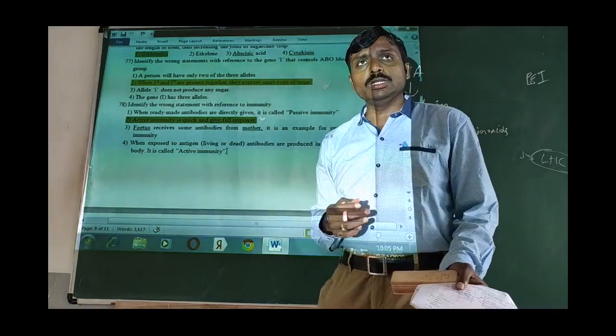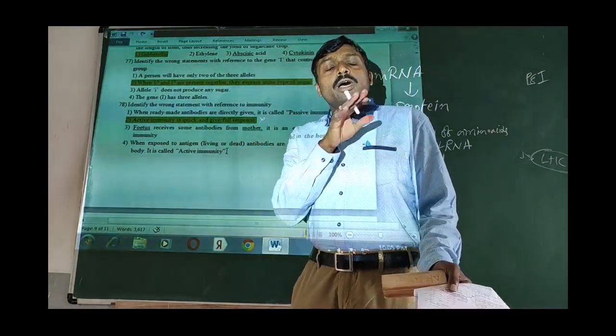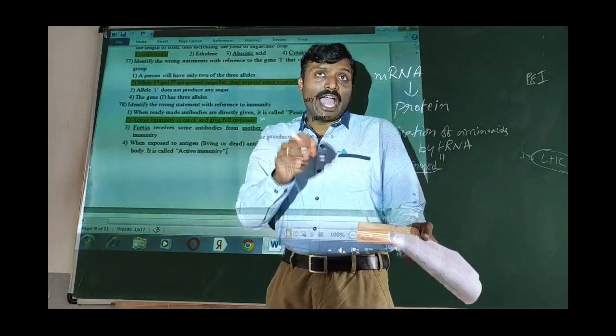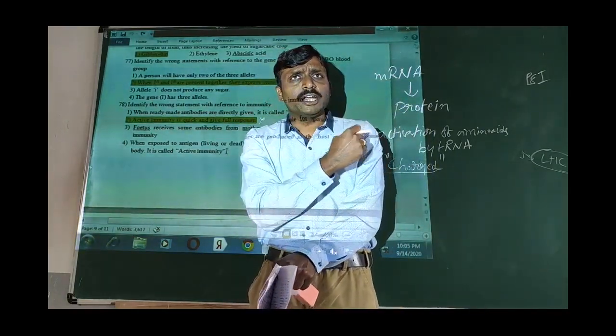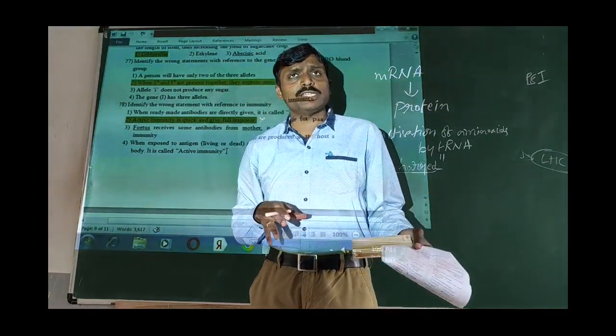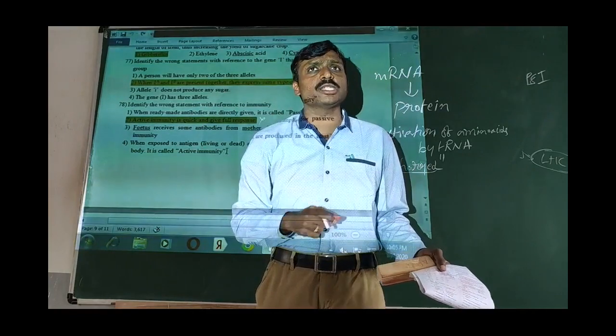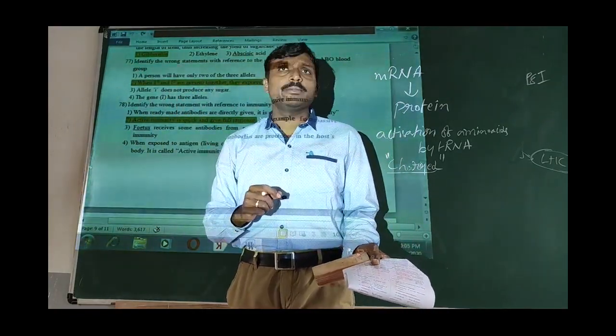Then needs to synthesize the antibodies against the antigens. But what is the difference, it will be active whenever some antigen is entering inside you. It will be readily influencing the T lymphocytes and B lymphocytes to understand the structure of antigen and to start synthesizing of antibodies.